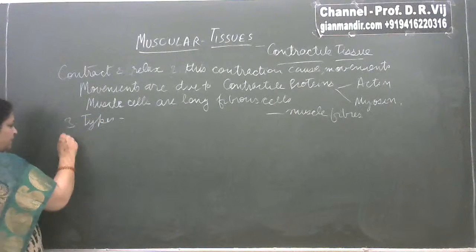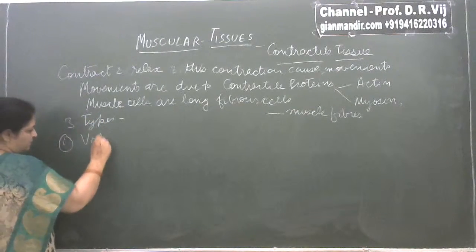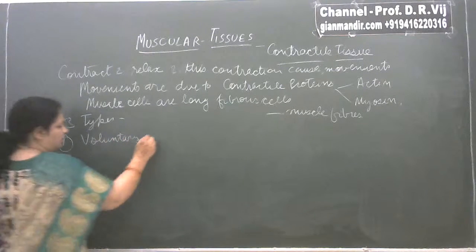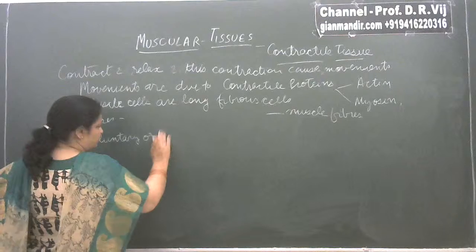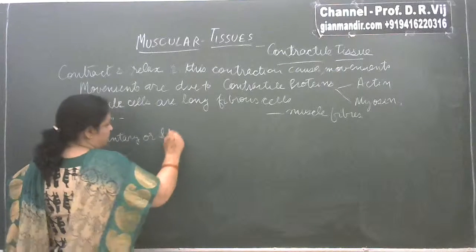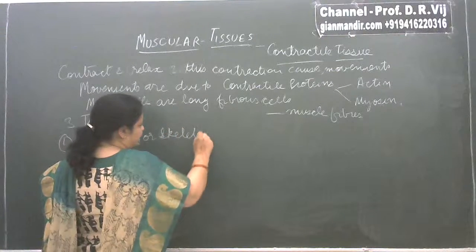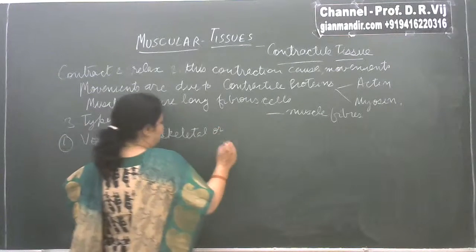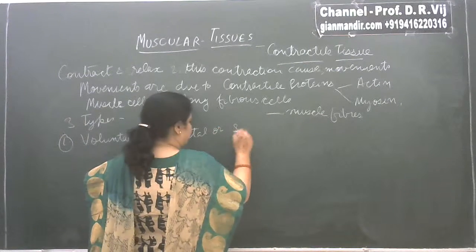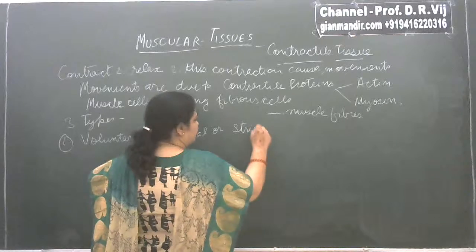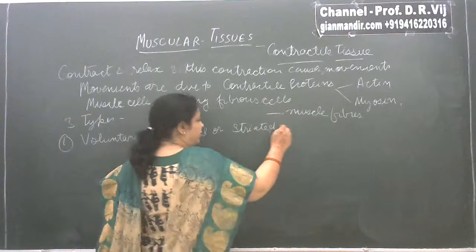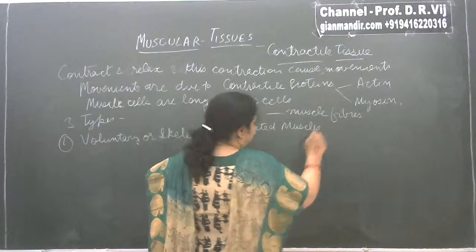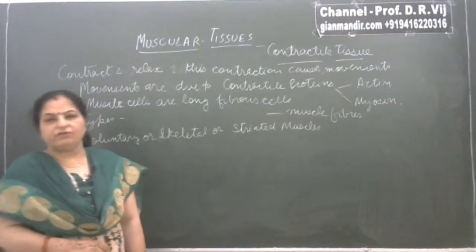The first one is known as voluntary or skeletal or striated muscles, or striated muscle fibers.